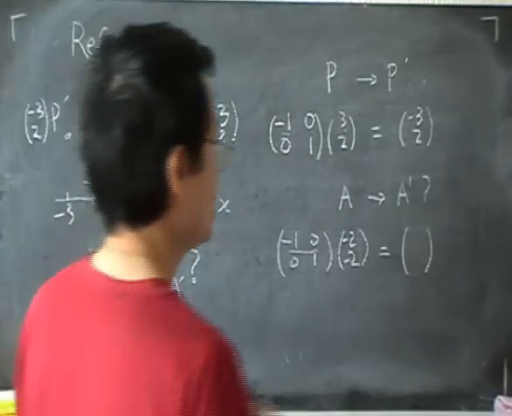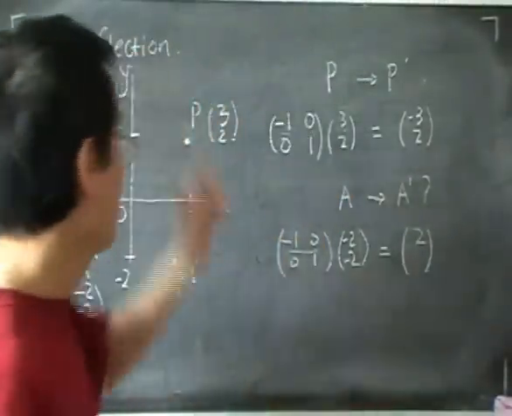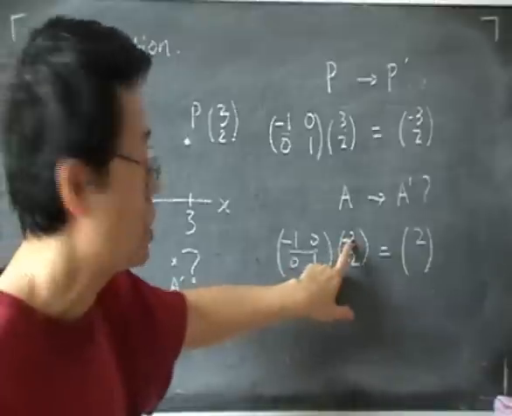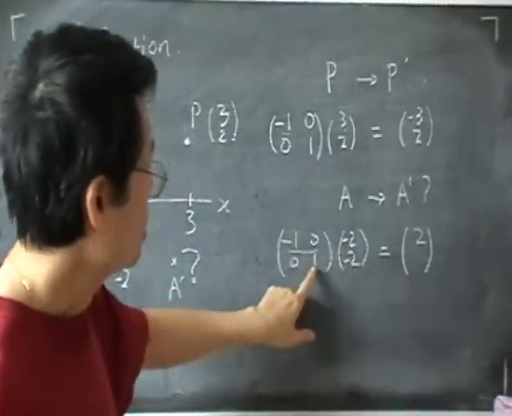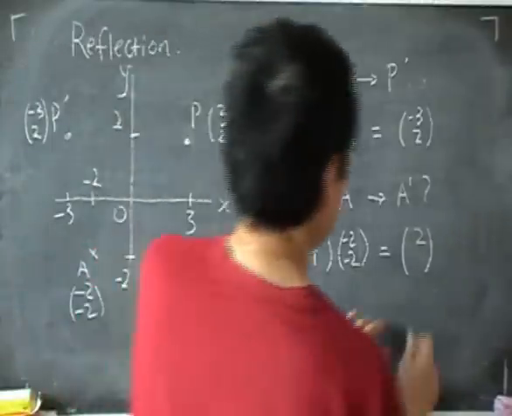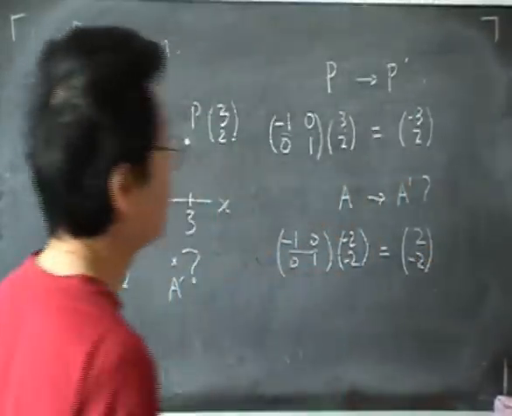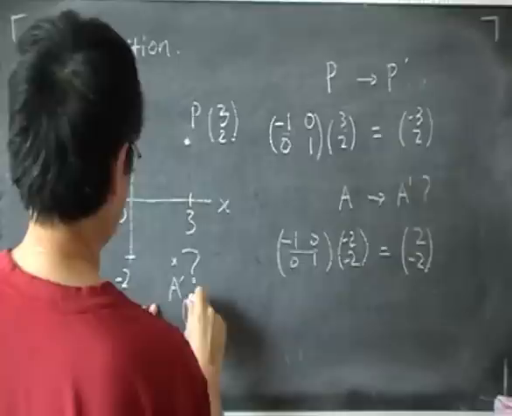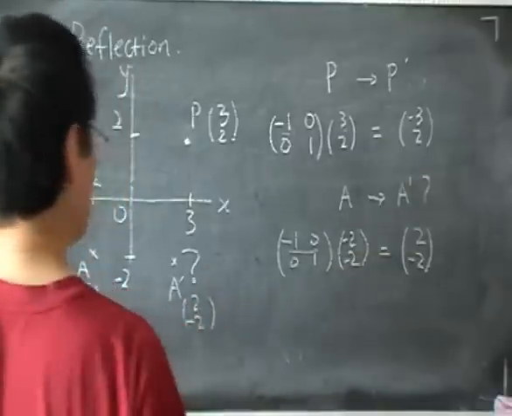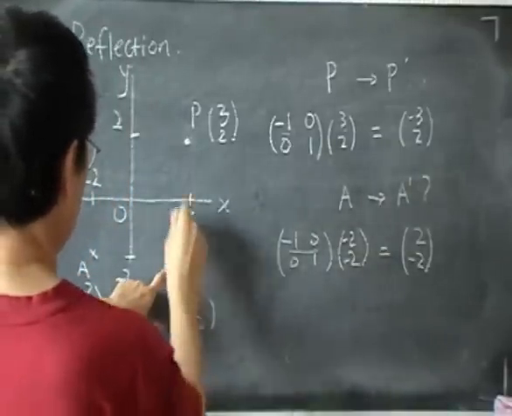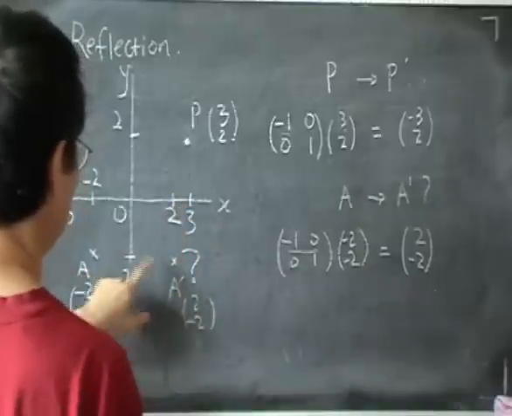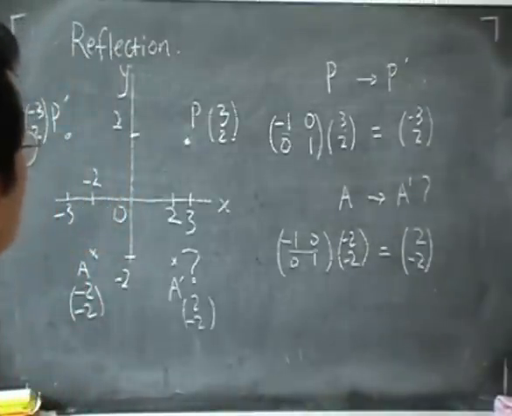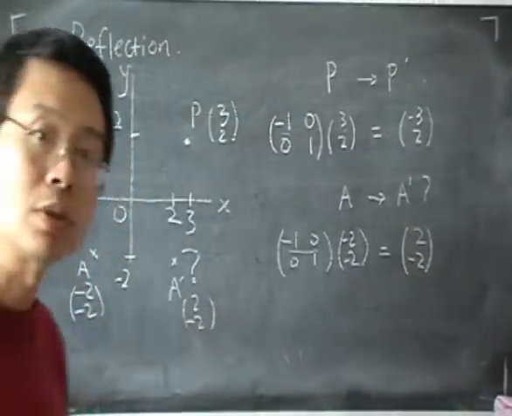So 2 plus 0 is 2, and then the next row times this column, 0 times -2 is 0, plus 1 times -2 is -2. So that's the answer, 2, -2. So A prime, the image, is at 2, -2. Alright, 2 is there, and -2 is there. So that's how we can get the answer for a reflection in the y-axis.